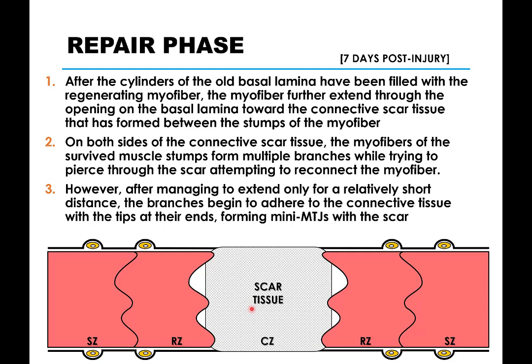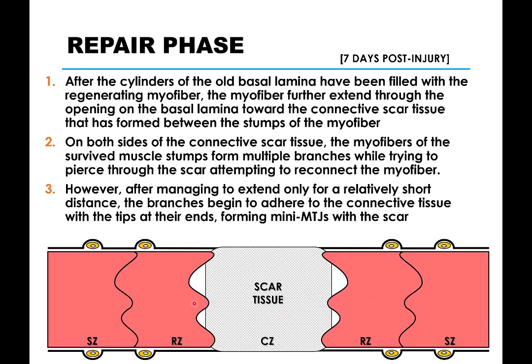This again is to reinforce the muscle structurally. Because of the excess scar tissue that has formed, especially with high-degree strains, the regenerating muscle fibers on each side of the scar tissue have very little chance of reconnecting because of the length of time it takes for that to occur. So usually with severe strains, the scar tissue does not reduce completely.